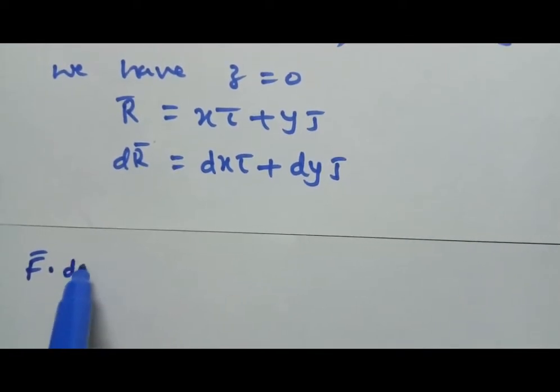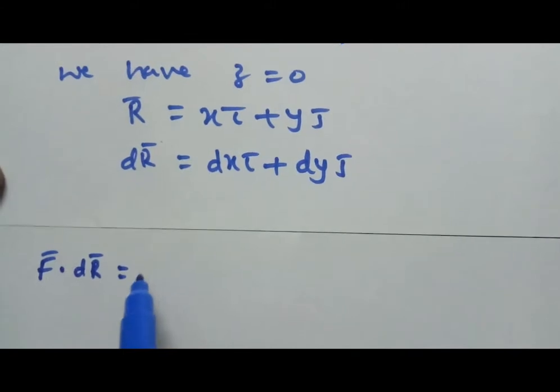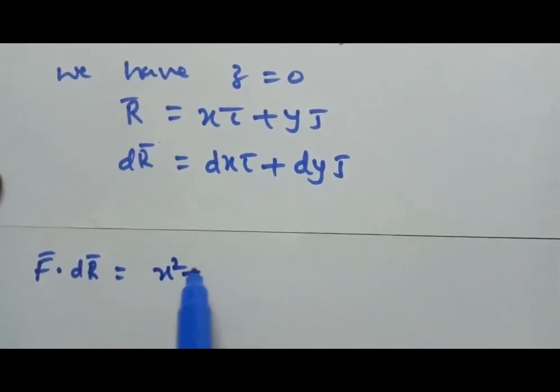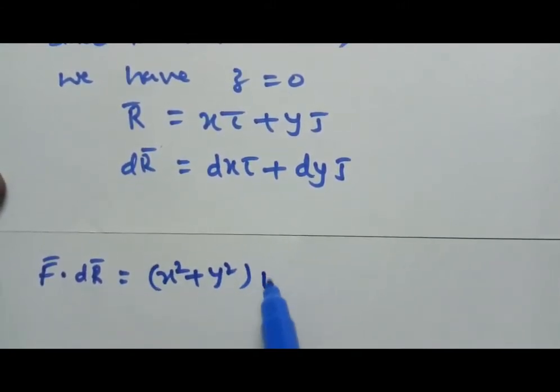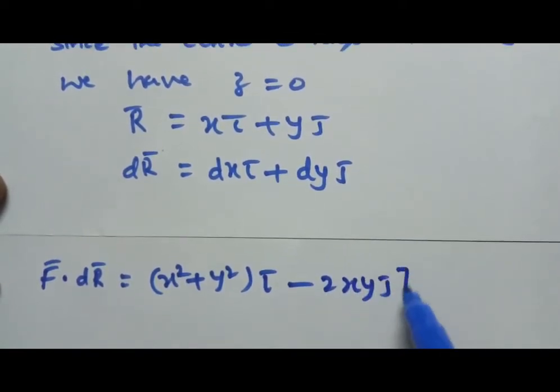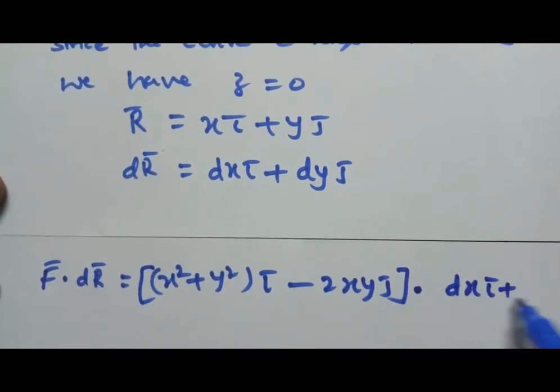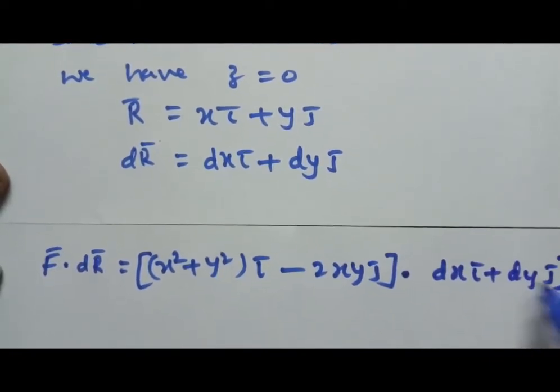Now, F bar dot dr bar is equal to x square plus y square i bar minus 2xy j bar dot dxi bar plus dy j bar.